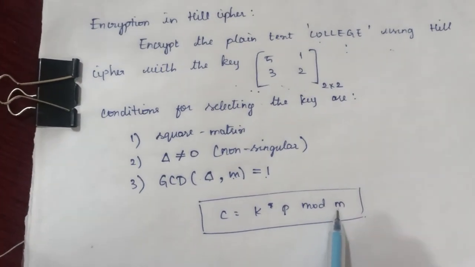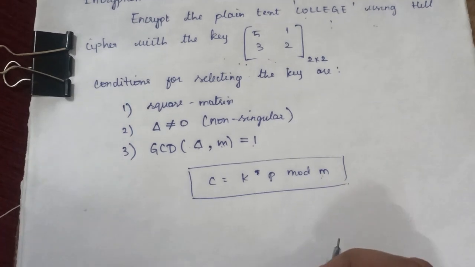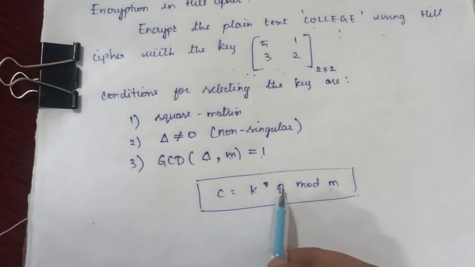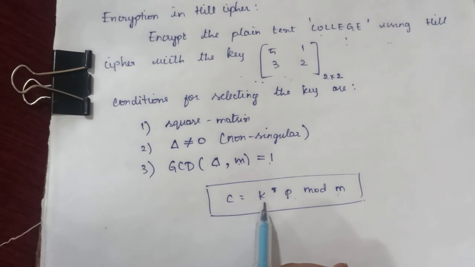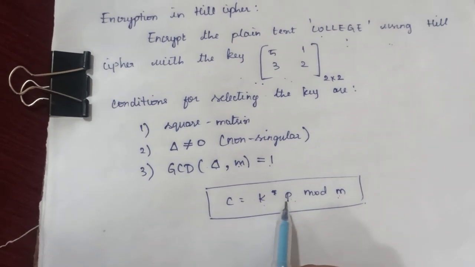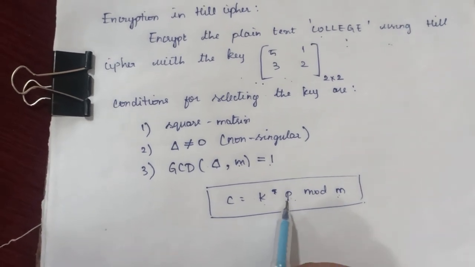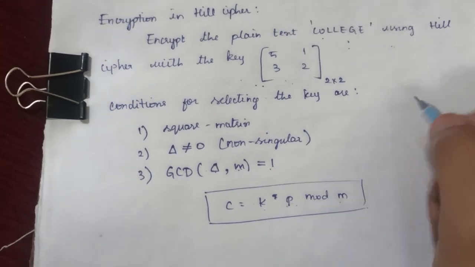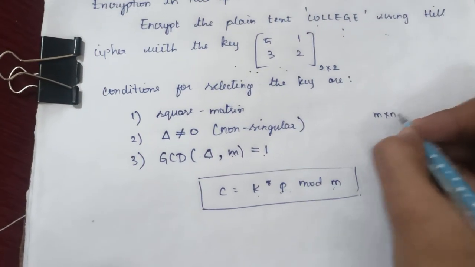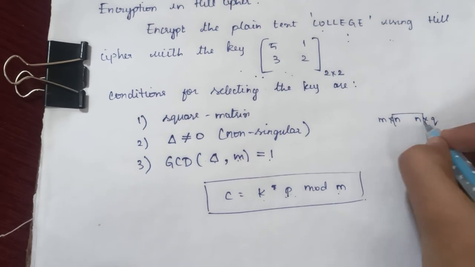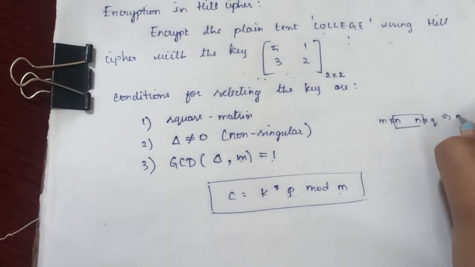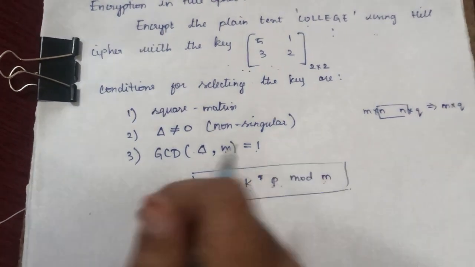So for this, we know that simple rule. If I need to multiply two matrices, the columns of the first matrix and the rows of the second matrix should have the same size, which means m cross n and n cross q. Only then I'll be getting a matrix with m cross q.